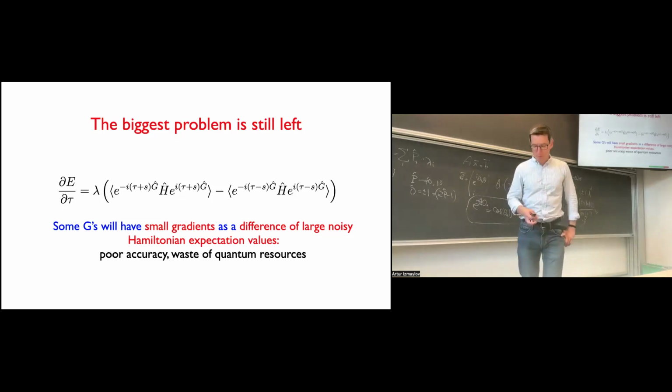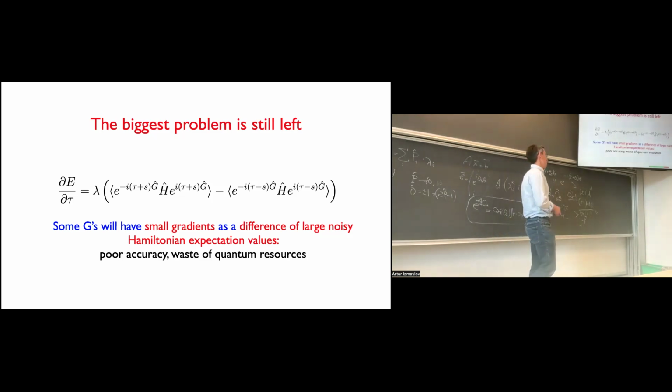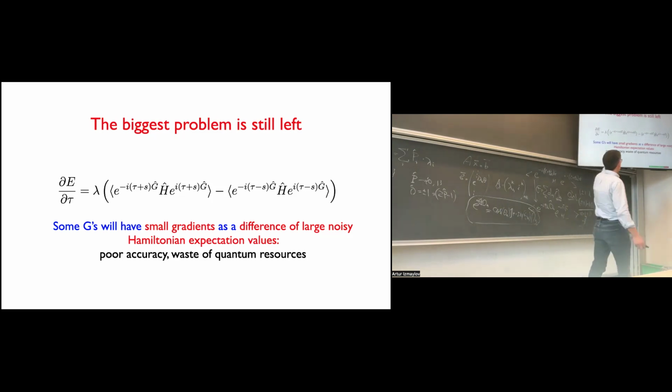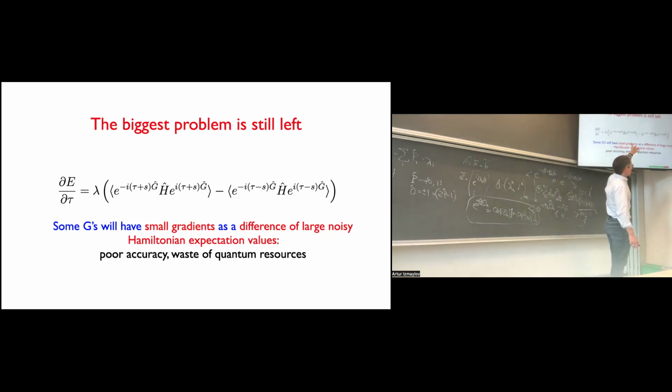The main problem practically is still that if we want to calculate the gradients, some of these generators will have low gradients. And in any of these parametric shift rule generalizations, the small values will come as a difference between large values, because essentially these expectation values are energy expectation values, right? So we will need to measure relatively accurately to get the large values, and subtract them to get the small value.